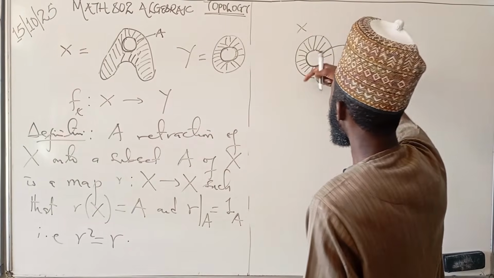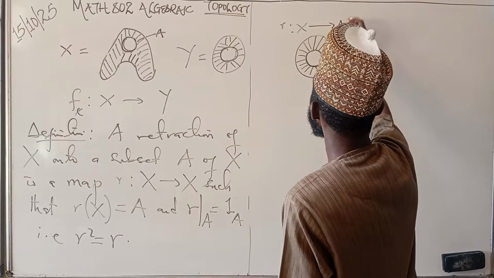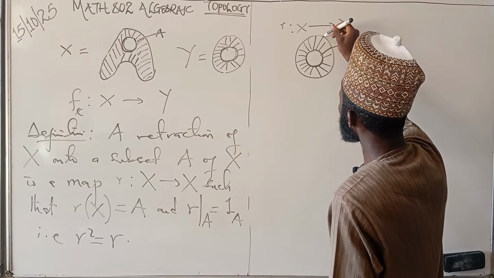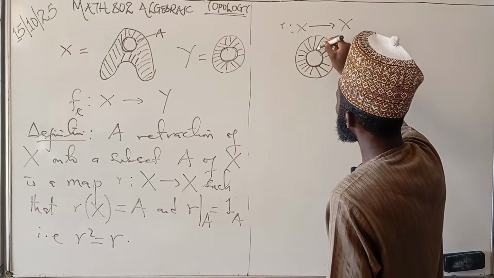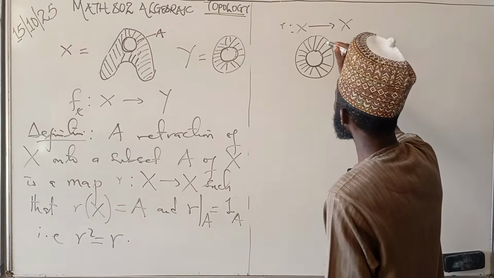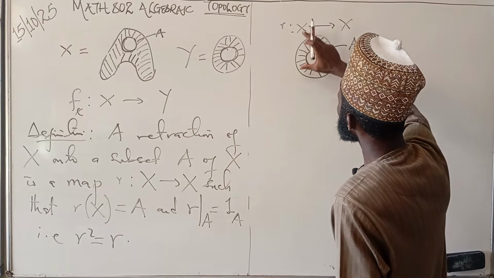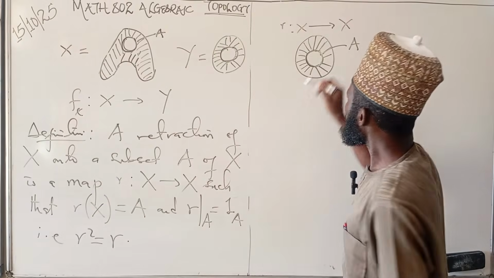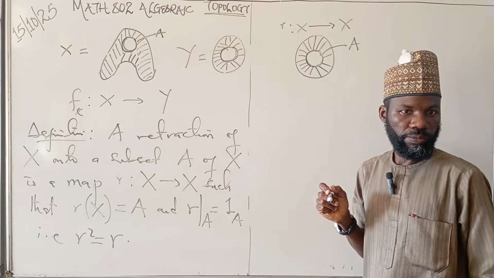So you can define a mapping R from X to X such that every point along this line will map to this point here. And all points along this line will also map to this point here. So at the end of the day, the entire space will map to this inner cycle, and points on the cycle are left unchanged. I hope it's okay.